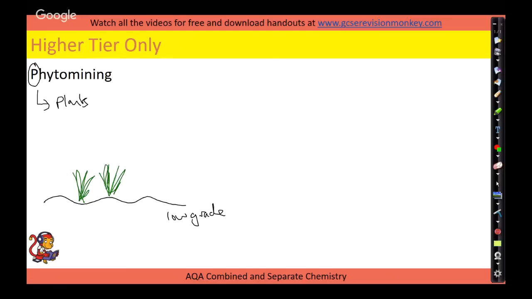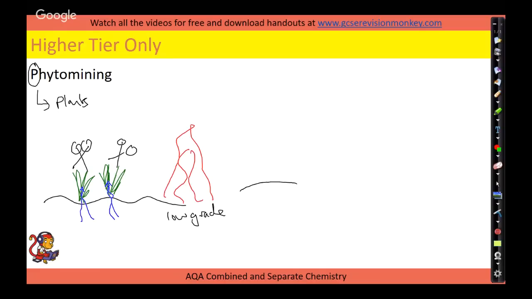These plants would take up the copper compounds, and then they would be stored within the plants. What you then do is harvest the plants and chop them, and then you would burn them. And when you've harvested and burned your plants, you would then be left with ash that contains your copper.